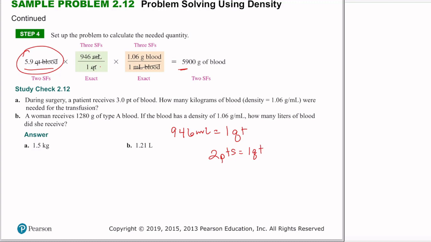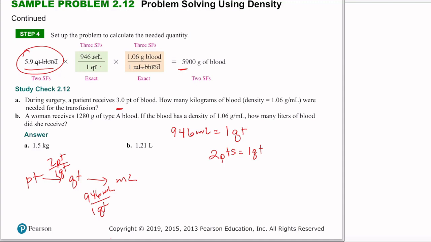So we'll need to start by converting pints. Here we have 3 pints. We need to convert pints to quarts. Then we can convert quarts to milliliters. So we convert pints to quarts by 2 pints is 1 quart. We convert quarts to milliliters by 946 milliliters is 1 quart.